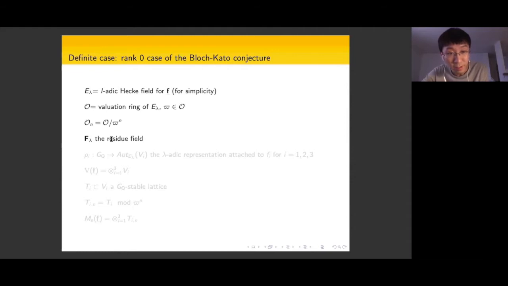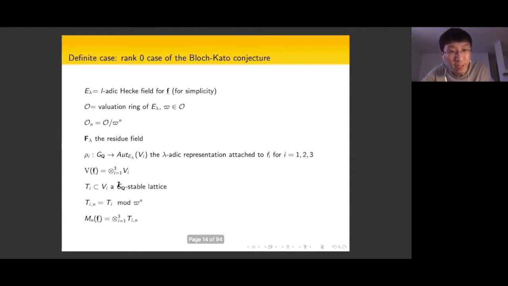Okay, so to each modular form F_i, you have a Galois representation attached to it, characterized by the fact that the trace of Frobenius corresponds to the Fourier coefficient at good primes. And I'll use this notation V triple F to denote the triple tensor product of these three Galois representations.